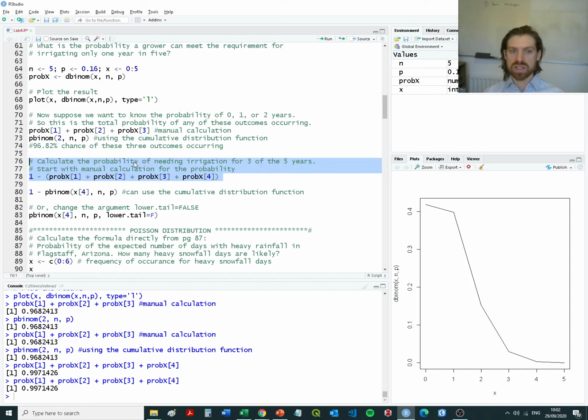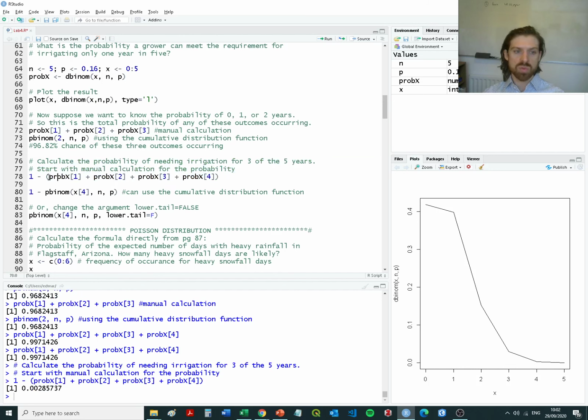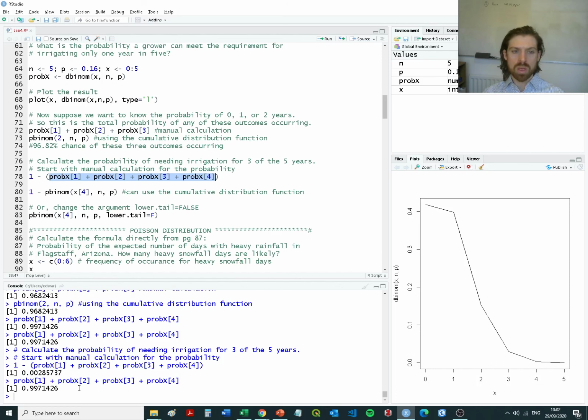So here we're interested in the probability of needing irrigation for 3 to 5 years. Essentially what we do is we sum up the probability for year 0, 1, 2, or 3. And what we end up with is about 0.997, so that's equivalent to the cumulative probability for 3. And then what we're going to do is subtract it in order to get the complement.